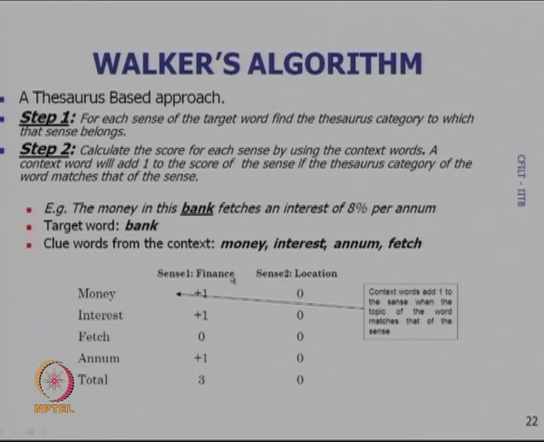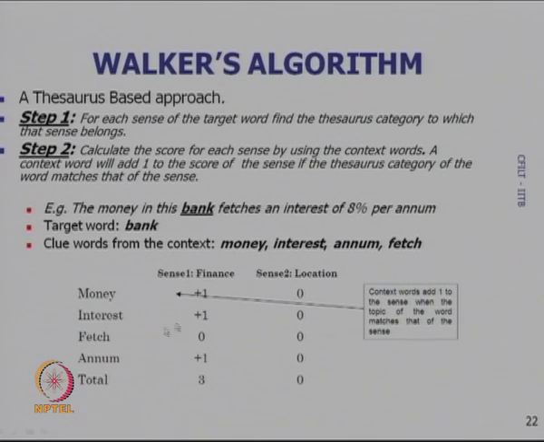The first sense is in the domain of finance. The second sense is corresponding to the sense of location. The word money increases the count in the sense 1 counter. It does not contribute anything to the second counter. Interest also adds 1.